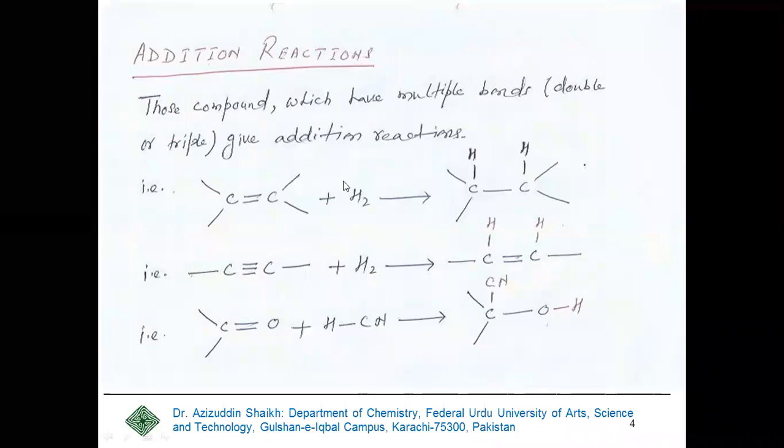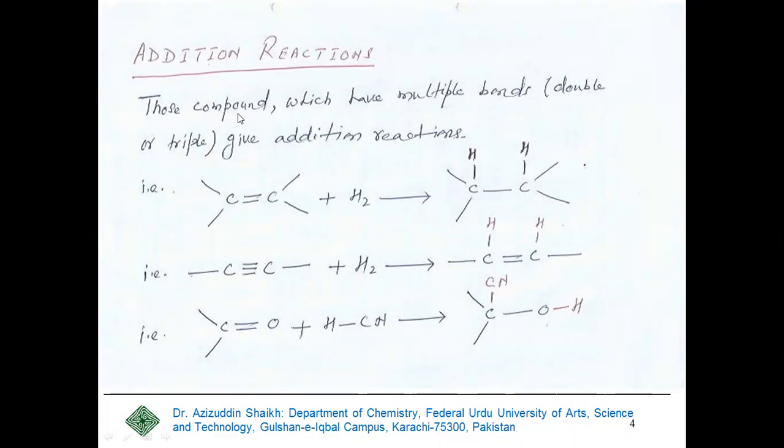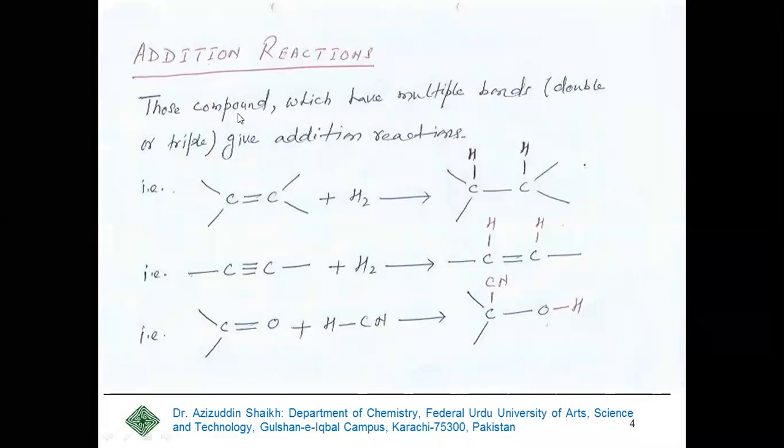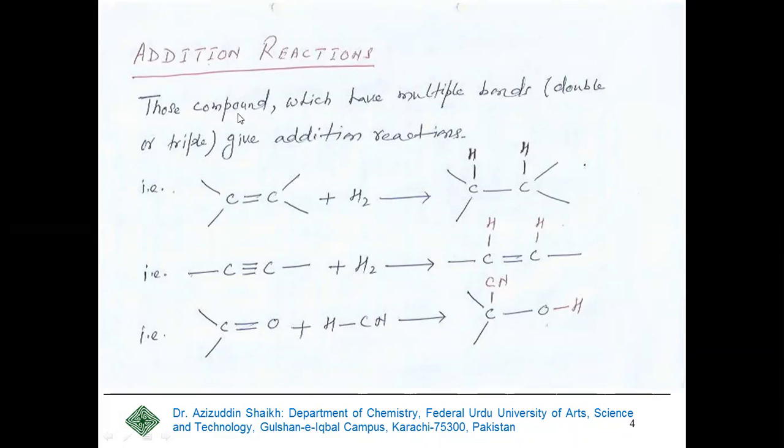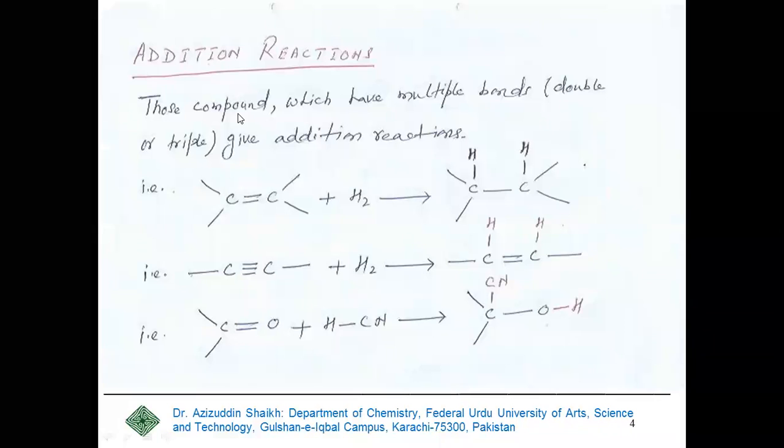We have already discussed addition reactions. Those compounds which have multiple bonds. In organic chemistry, there are two types of compounds, saturated compounds and unsaturated compounds. Saturated compounds are those which have single covalent bonds, for example, alkanes.